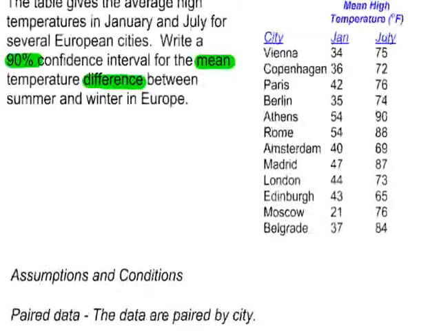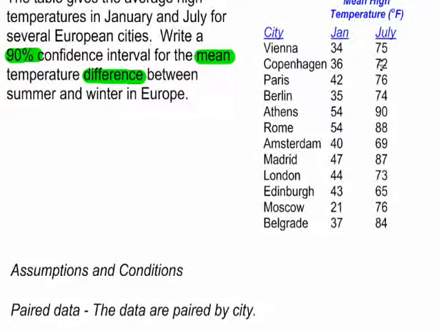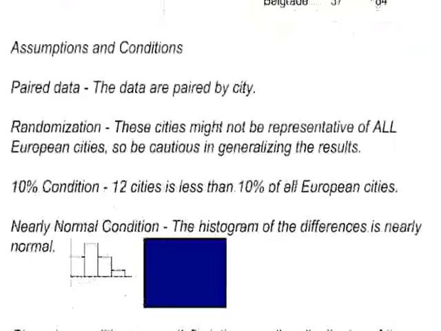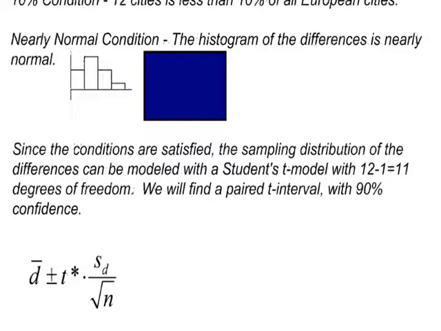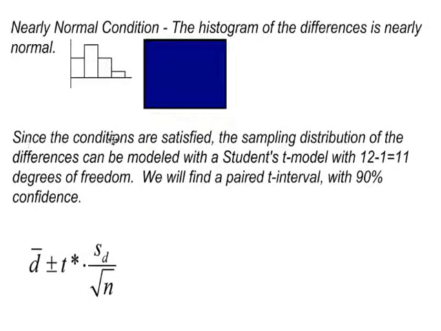I took each one of these, 75 minus 34, 72 minus 36, 76 minus 42, and I found those differences and put those into a histogram, and that's nearly normal. So now that I've checked my assumptions and conditions, I can say since the conditions are satisfied, the sampling distribution of the differences can be modeled with a student's t-model with 12 minus 1 equals 11 degrees of freedom. We will find a paired t-interval with 90% confidence.